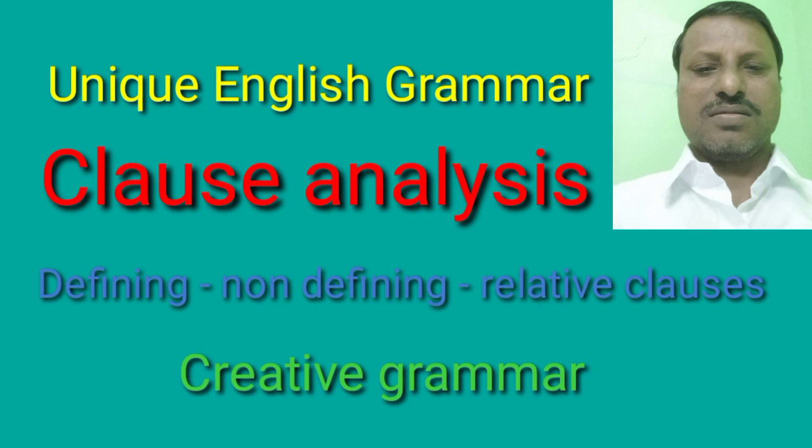Relative pronouns, for example, who, whose, whom. These are the relative pronouns used for persons. Which is a relative pronoun used for things. That is a relative pronoun that is used for either persons or things.